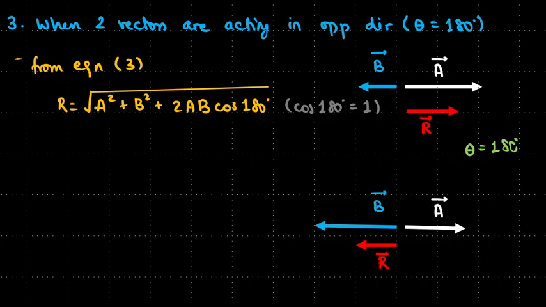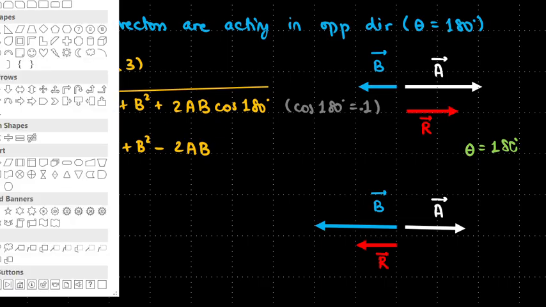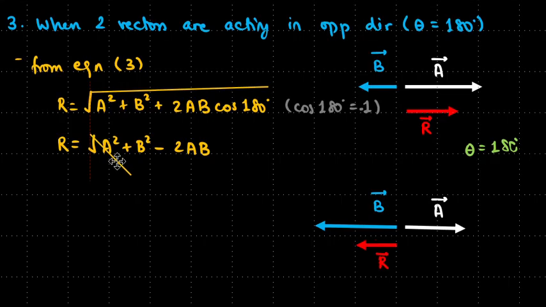So we have this. Sorry, minus 1. If it's going to be minus 1, then we will just have to keep a minus over here. So we will have r equals the square root of a squared plus b squared minus 2ab. So this also might look like a very recognizable formula, at least for me it does, which is the formula of a minus b whole squared.